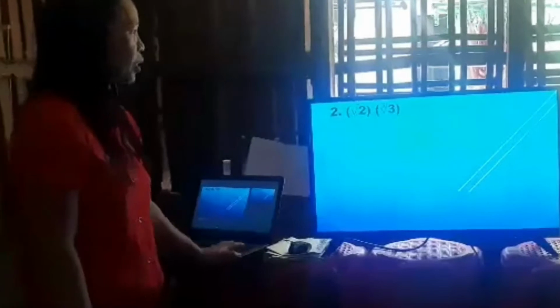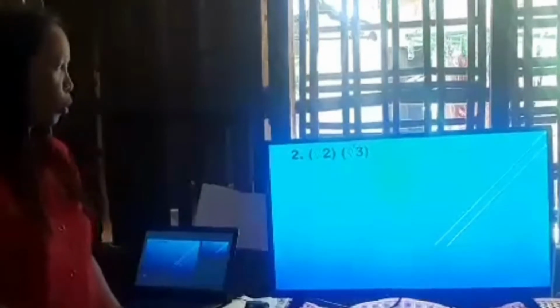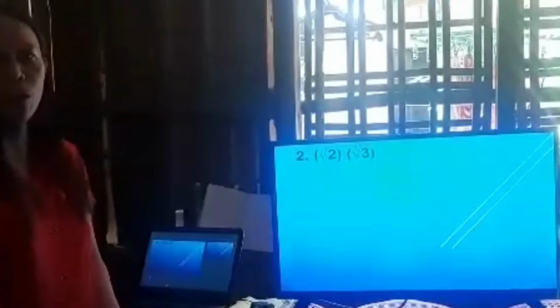Another example: the square root of 2 times the cube root of 3. Can we multiply it directly, class? No, because they do not have the same index. Very good. So now, what are you going to do with this example?